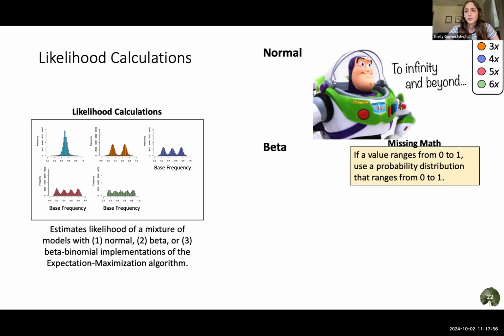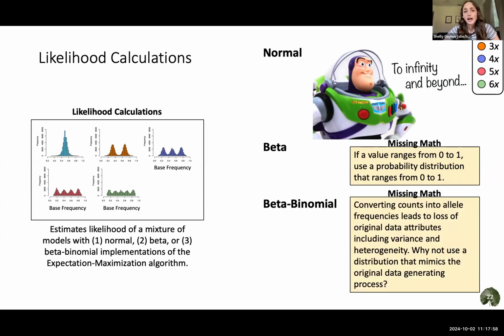And after thinking about this for a really long time, we also wanted to try a distribution that allows us to not convert counts to allele frequencies, because this leads to loss of original data attributes like variance and heterogeneity. So we wanted to use a distribution that mimicked the data generation process, and that's possible with the beta binomial. Like NQUIRE, we also include a uniform mixture with each of these implementations in order to allow you to capture noise.